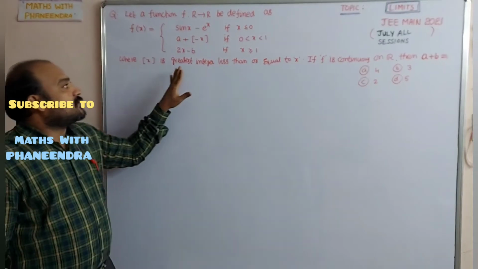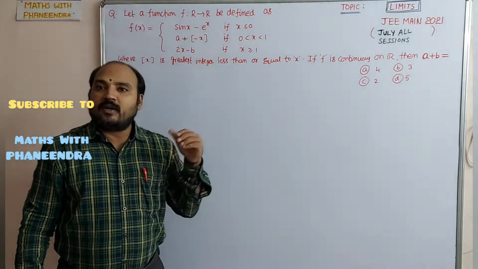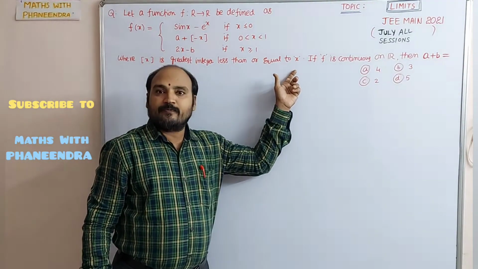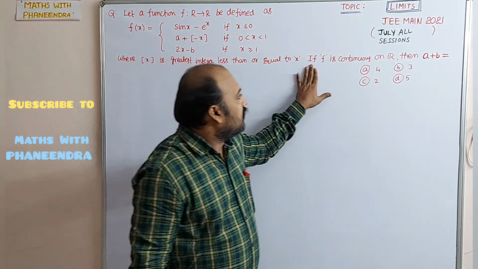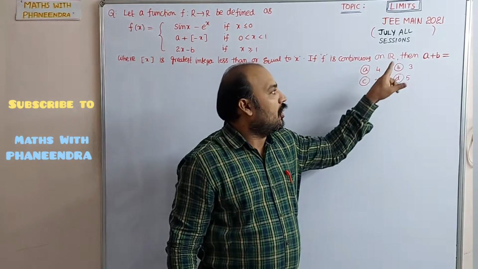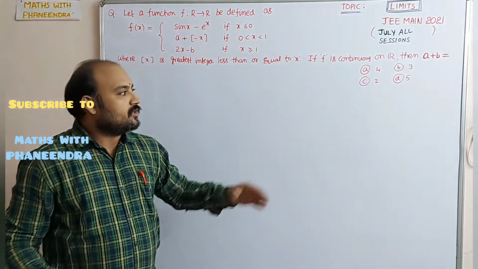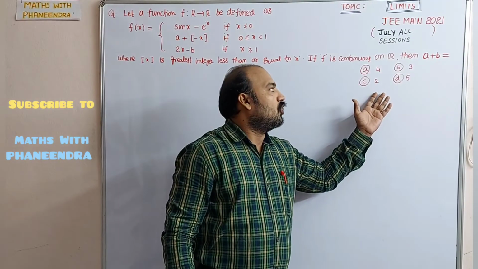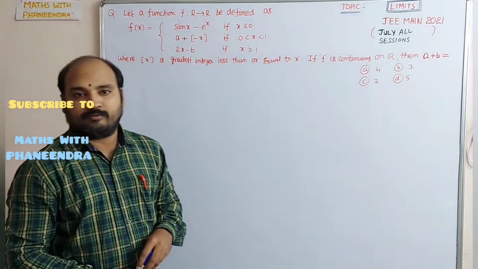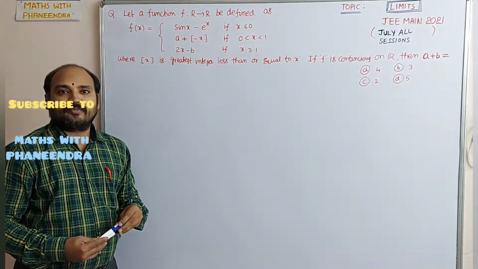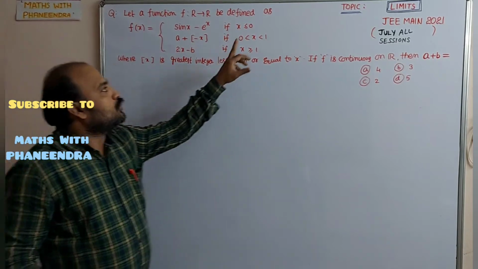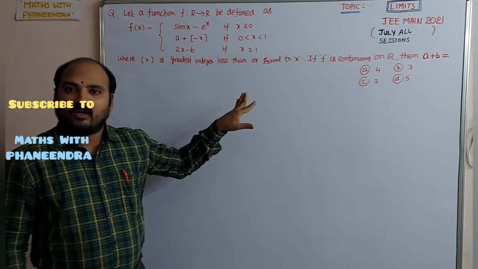Where step x is the greatest integer less than or equal to x. Here the condition is given: if f is continuous on R, then a plus b equal to, these are the options available, 4, 3, 2 and 5. So here 0 and 1 both are given.